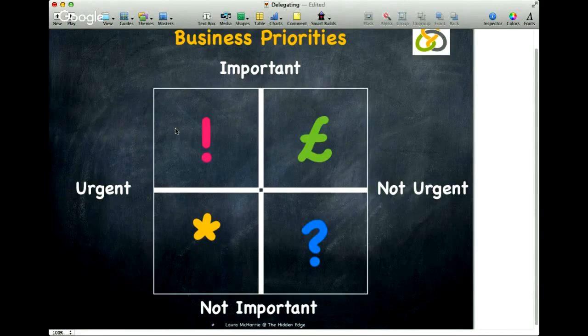Then there's the asterisk box. That's where things are urgent, but not necessarily important to you. And the question mark box. Quite often you hear people saying that you shouldn't have anything in that box at all, but I'm not sure that I agree.